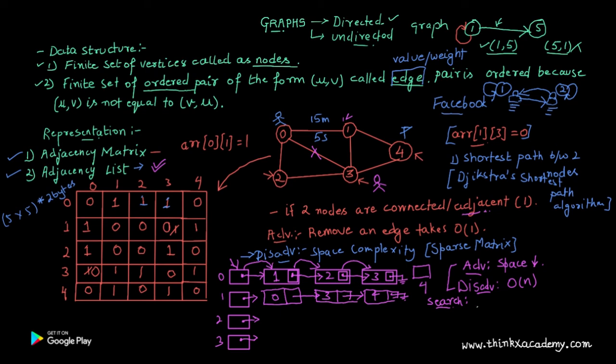So basically we are going to see these two strategies of searching, which are depth first search and the breadth first search, which are really very important. So first you will have to do this, and then we will move on to the shortest path algorithm, the Dijkstra's shortest path algorithm.